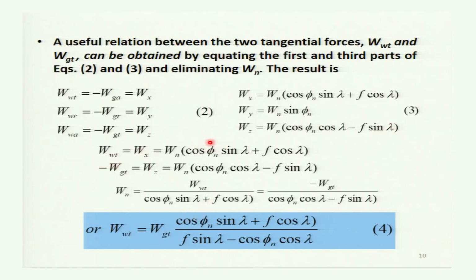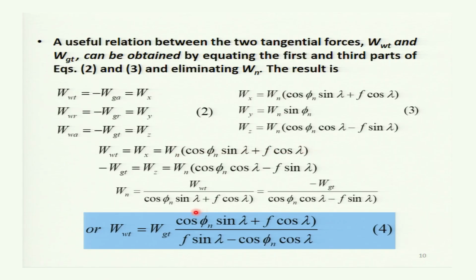The tangential force on the worm, Wwt, is acting in the x direction, and so this will be the term Wn cos phi n sin lambda plus F cos lambda.